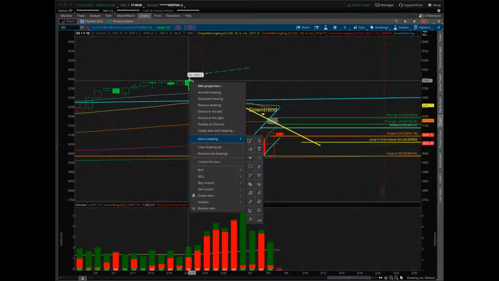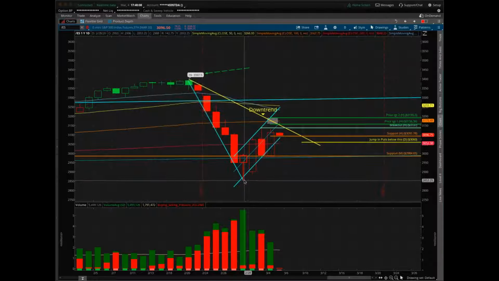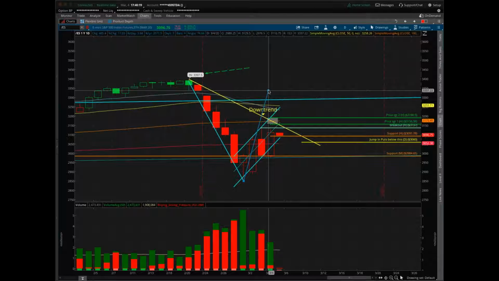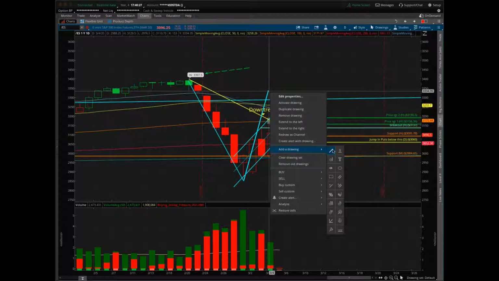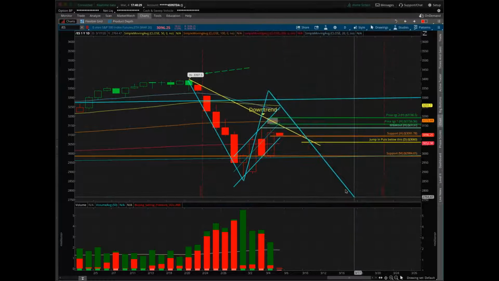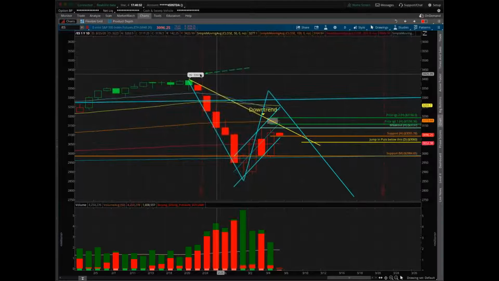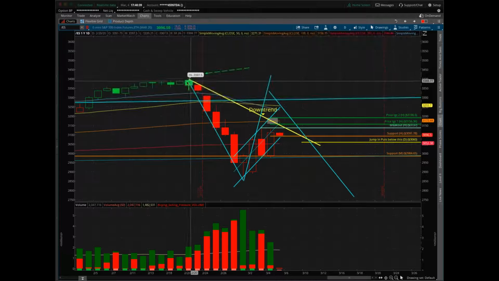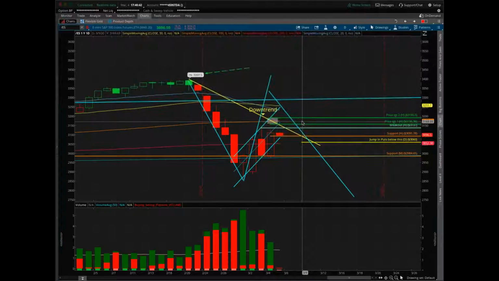Because if we come here, right below it, even if we come here, we still make a lower high, and we could come down here because we don't break that. We need to come here, and once we break that high, now we're uptrending.